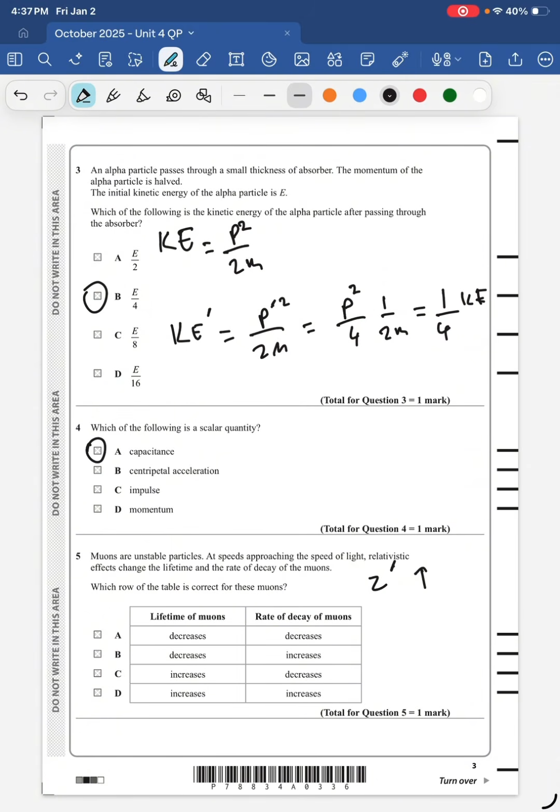But remember that the radioactive decay law, and especially the rate of decay, which is A, goes like A naught e to the minus t over t prime. So if t prime increases, then the rate decreases, and the answer is C. Which makes sense. If the lifetime increases, we will have a smaller number of decays.